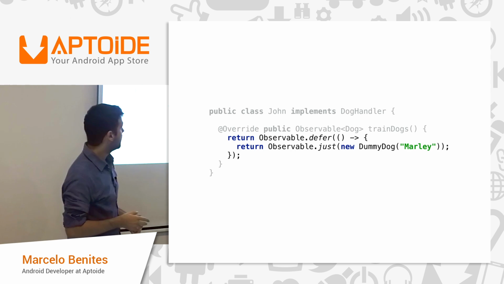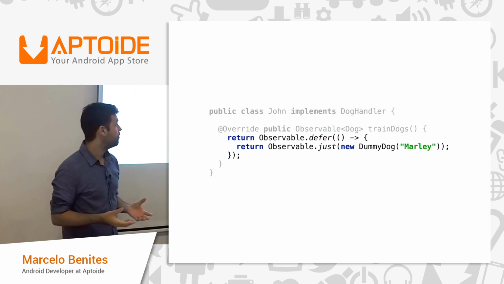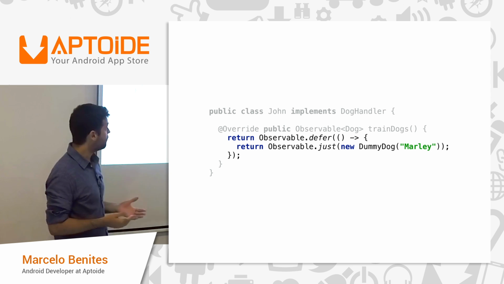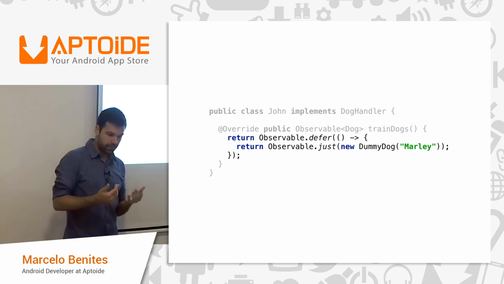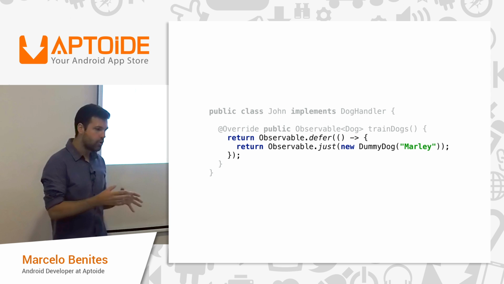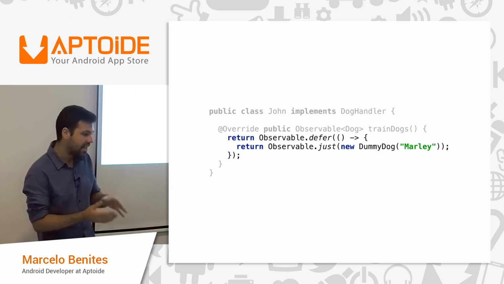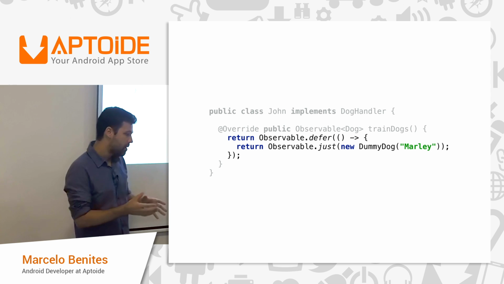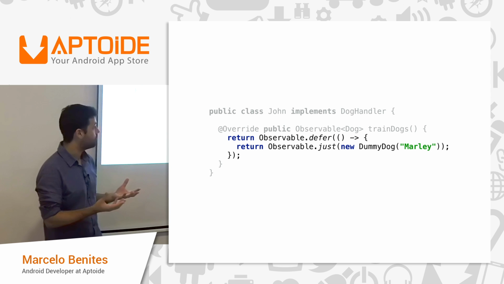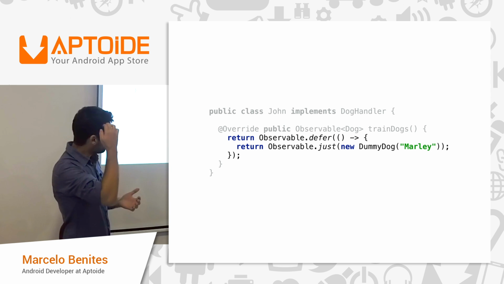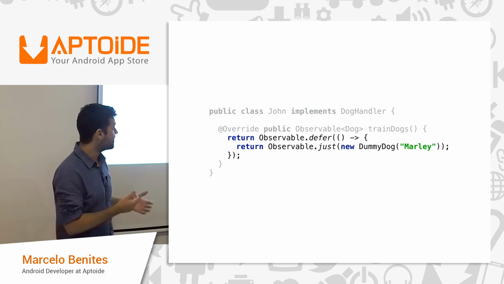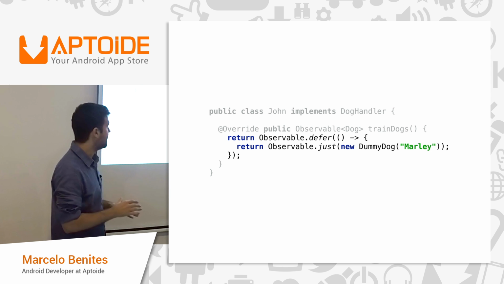There's a different one that's more powerful than fromCallable. That's called defer. The defer operator will return an observable. So it's the same thing, it's a function, but instead of returning just a dog, it will return an observable that returns a dog. A stream of dogs. So it's much more powerful. In that case, I'm just using just. So the observable I'm returning is going to emit the Marley dog and then complete.